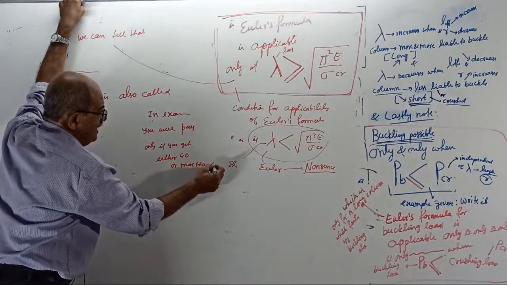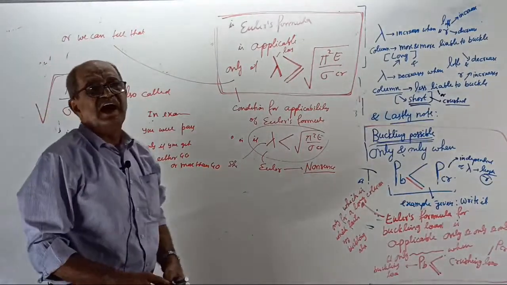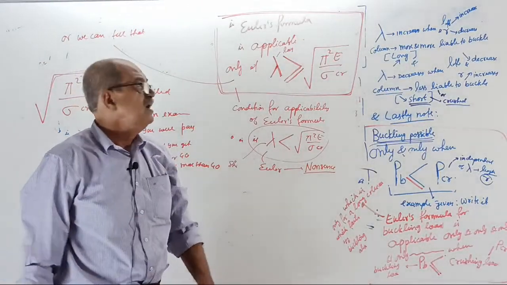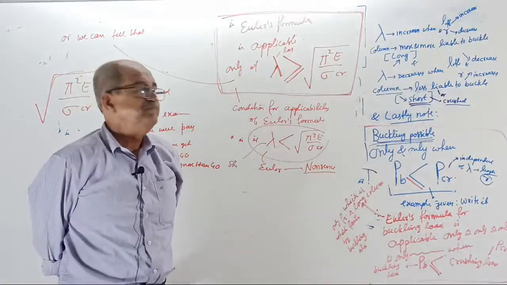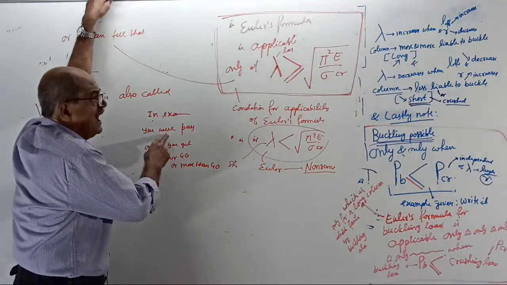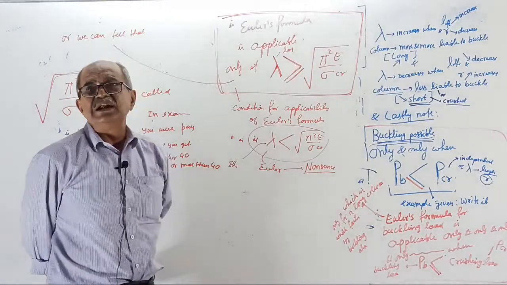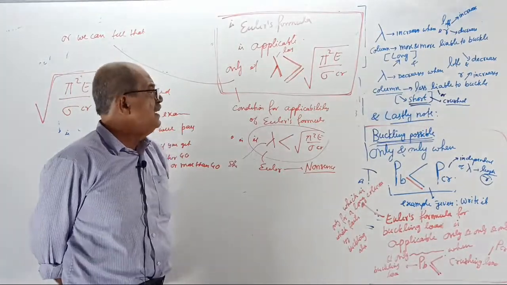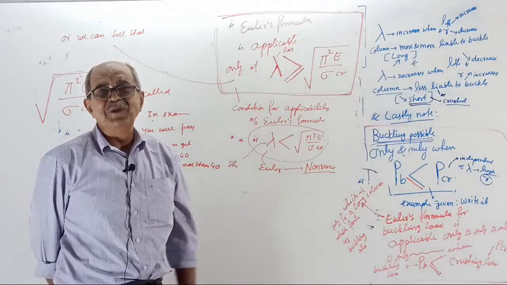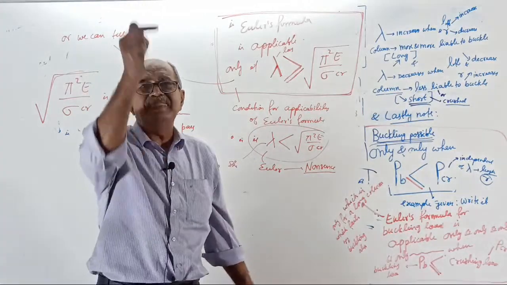When I was taking class long back, it was 35. Nowadays, it has changed to 40. So you will pass the examination only if you get either 40 or more than 40. Tell me what that 40 is called.